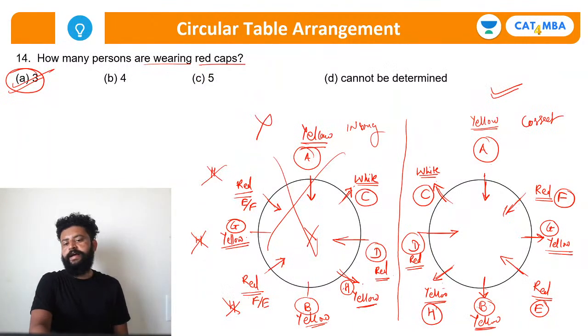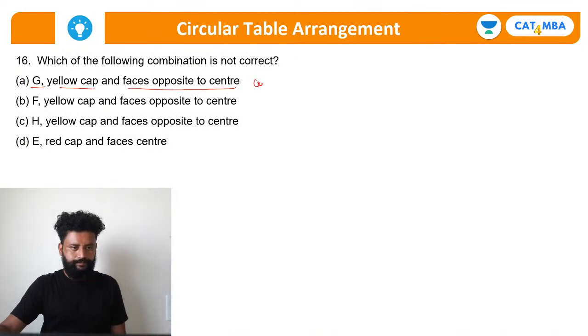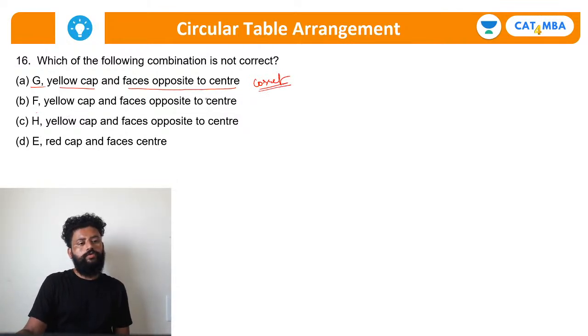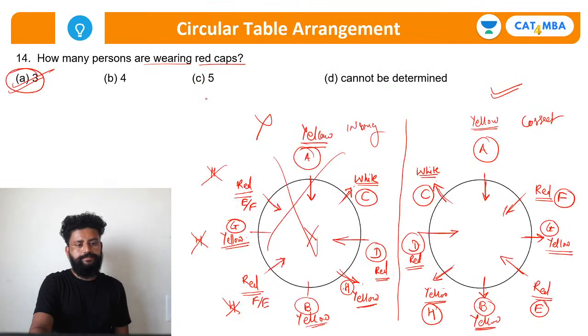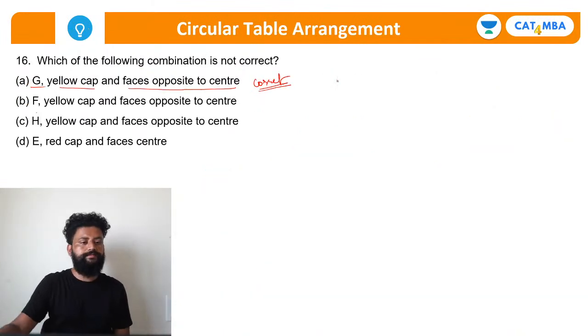G yellow cap and faces center. That's the correct one. F yellow faces opposite to center. F red, that's the incorrect one. Not correct.